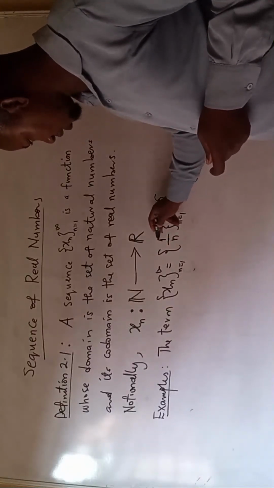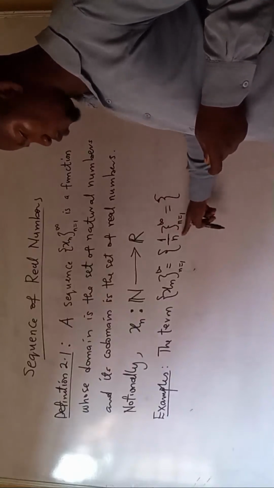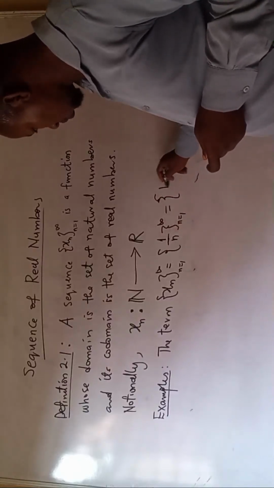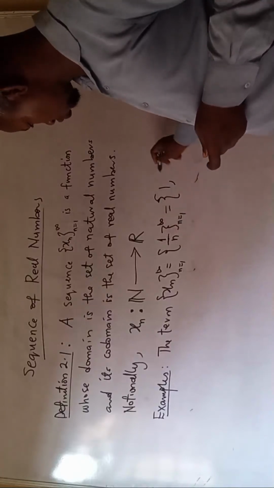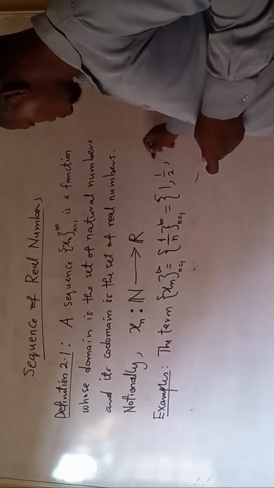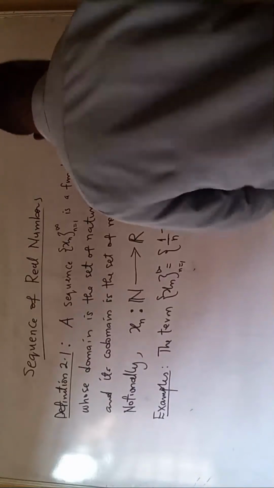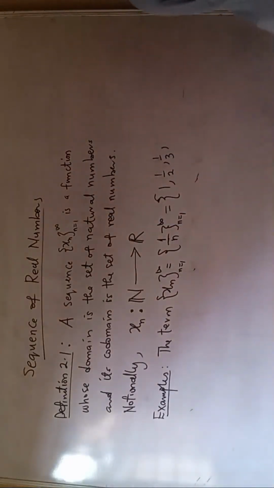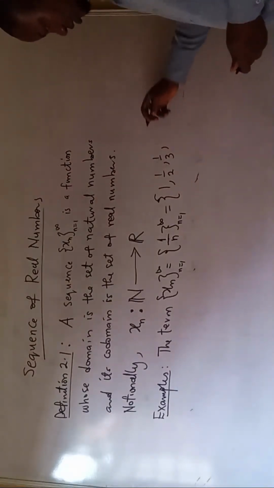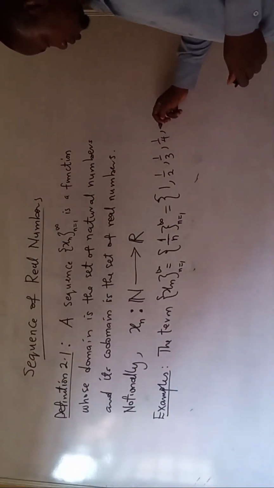If n is 1, this will be 1 over 1, which is 1. When n is 2, this will be 1 over 2. When n is 3, this will be 1 over 3. This will continue to infinity.